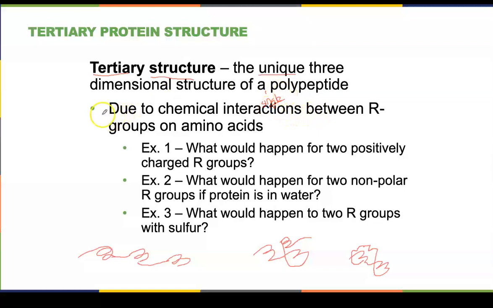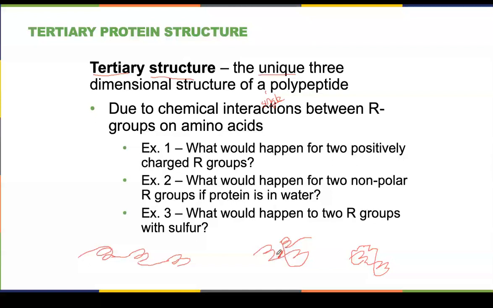Single is important here. And so for a protein that is composed of only one polypeptide chain, the tertiary structure is the highest level of structure. It is determined by the properties of the R groups. And so, for example, if we had an R group with a positive charge right here and a negative charge on this other strand right here, that could pull the two strands together and it could anchor this connection between them.